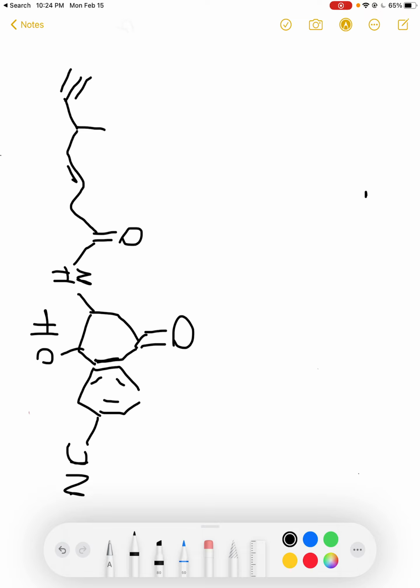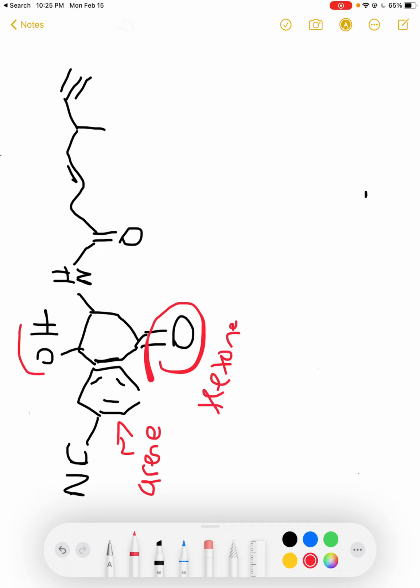So again, starting from left to right, hopefully you get a little familiar from the previous one. This one right here will be an arene. At the bottom, a ketone. Up top right here, we have an alcohol. Sorry, I spelled that wrong, but this will be an alcohol right here.